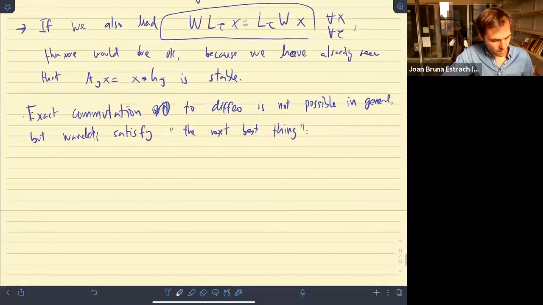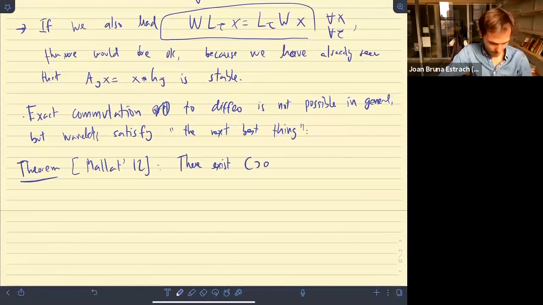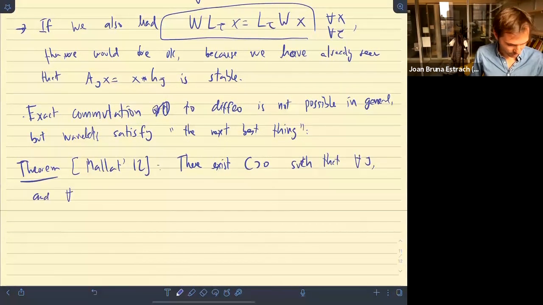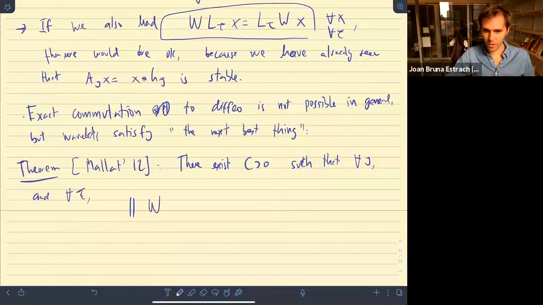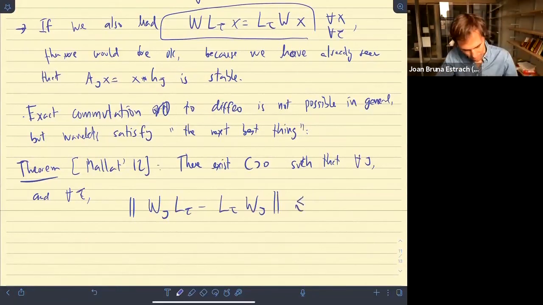If I look at the commutation error, there is a theorem proved in 2012: there exists c bigger than 0 such that for all j and for all tau, the norm of the wavelet decomposition associated with scale j of the deformation minus L tau is controlled by some norm. I'm going to just put it here because it's informal, but it looks like the deformation metric that we saw before.